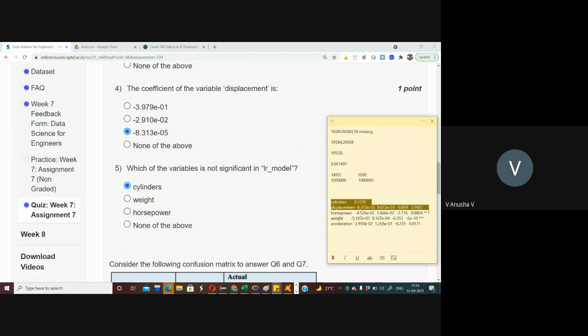Displacement is not considered, so let's remove that. Acceleration is also not considered. We'll be considering cylinders, weight, and horsepower.